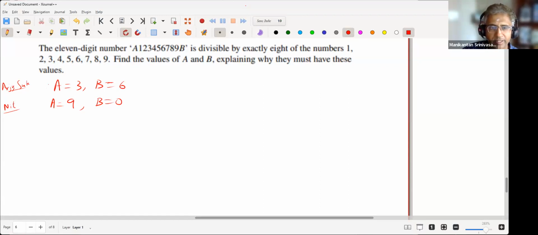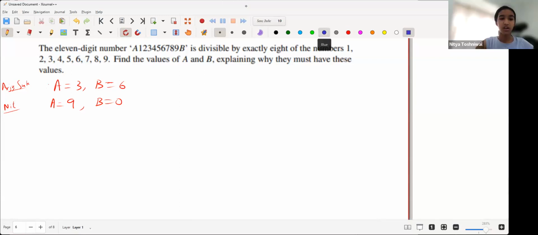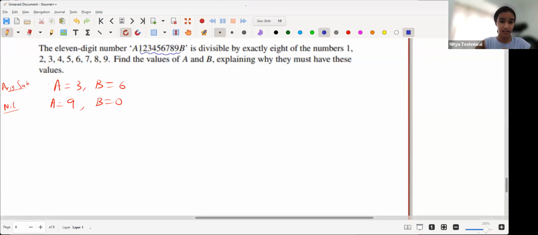Okay, Nitya, do you want to explain how you got your answer? I'm not saying this is right or wrong, whatever. Explain your answer, Nitya. Okay, so 1 plus 2 plus 3 plus 4, 1, 2, A, 1, 2, 3, 4, 5, 6, 7, 8, 9, B. As long as we take the middle 1 to 9, we know that it's divisible by 9. However, exactly 8 of the numbers 1 to 9.